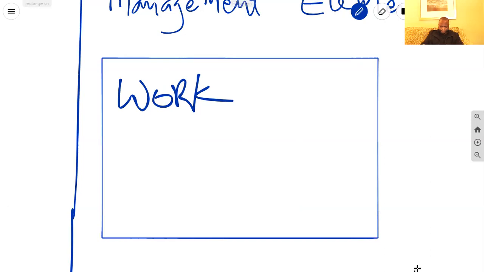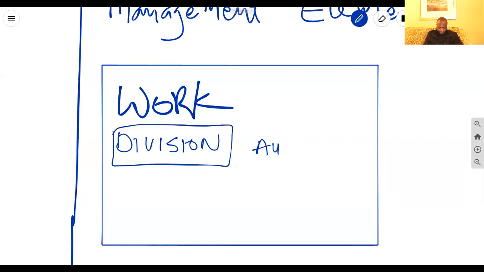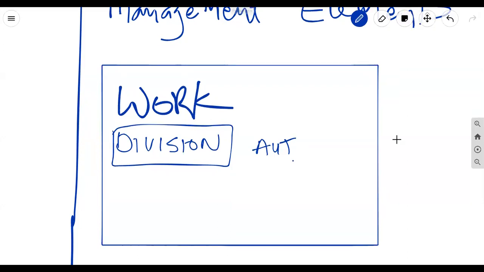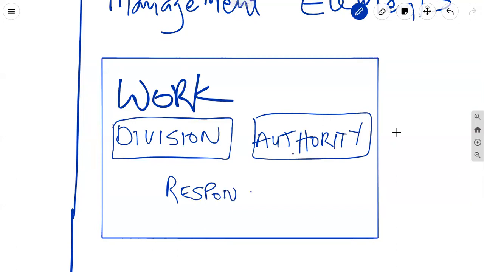Okay? So, work. We're talking about division of the work, authority given to perform work, and last but not least, responsibility to perform the work.